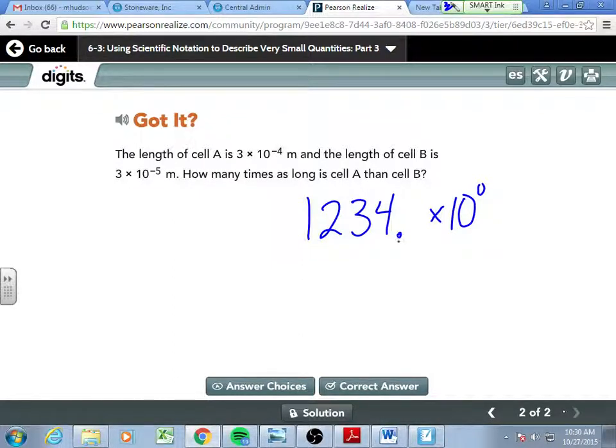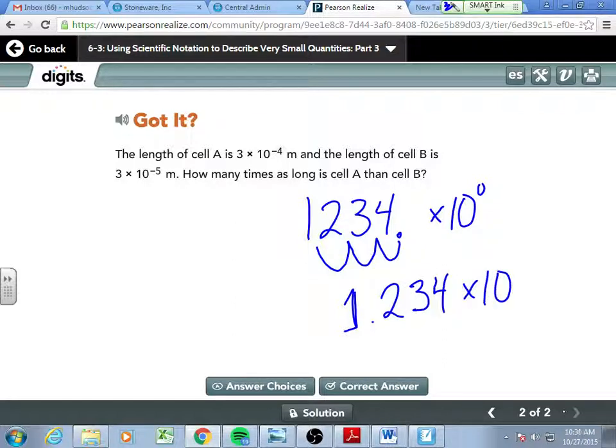So I move my decimal left. I write 1.234 times 10, and now my power to get back to where it should be becomes 3. So when we move it left, my power gets bigger.